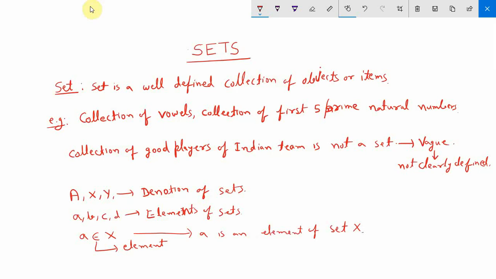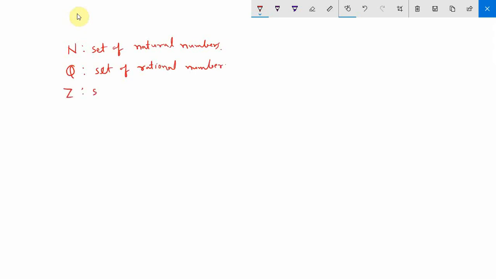So next we will see. If I denote natural numbers, so I can write N as set of natural numbers. Similarly, I can write set of rational numbers as Q. Z we can write as set of integers.